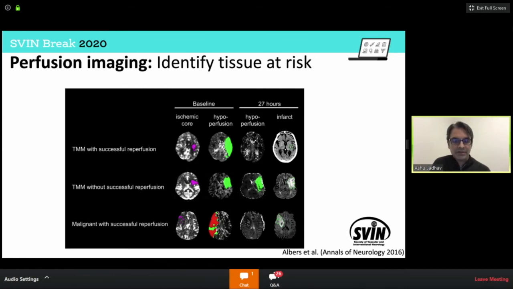And then there's also this concept of malignant profile, that is patients who have a tissue at risk with a really high Tmax, and those patients are felt to be high risk for reperfusion injury. And really conceptually, I would argue that the malignant profile is representative of an ultra-fast progressor. So this population is likely poor collaterals, is losing neurons very quickly.